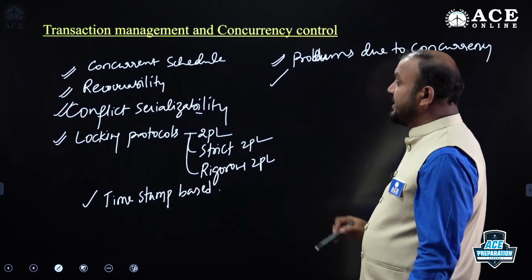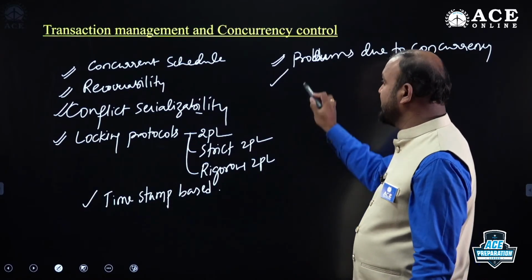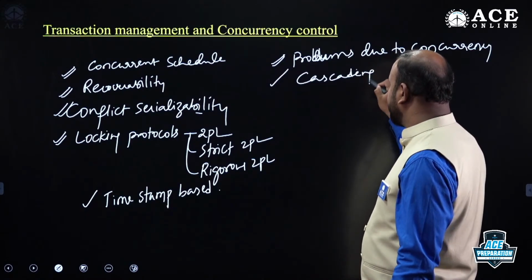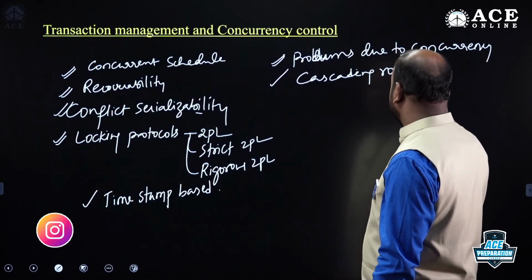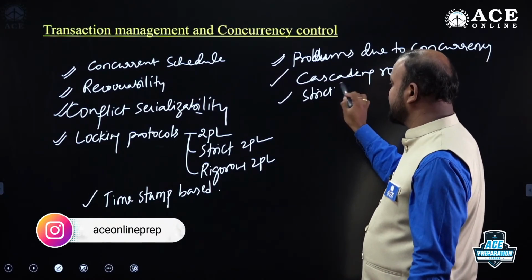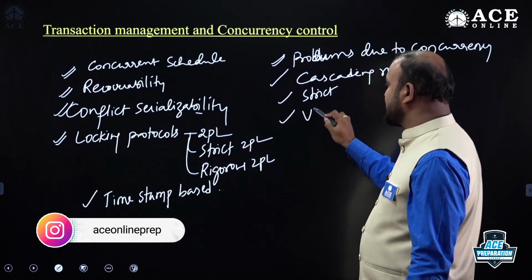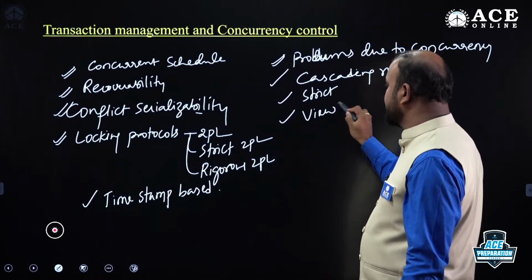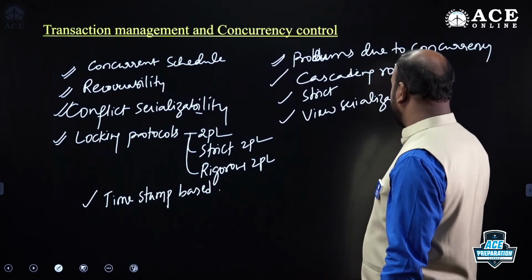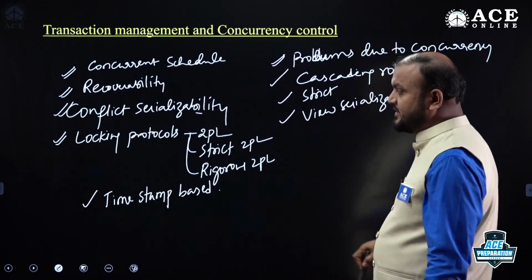Questions are asked on recoverability, but on cascading rollbacks, questions are not asked. There is a lot of scope there, and on strict schedules there is a scope of asking questions. And there is a scope of asking questions on view serializability. So far not asked, but there is a scope.